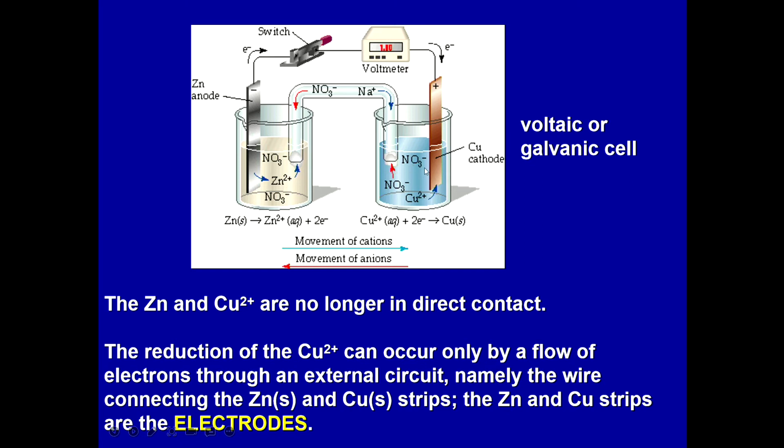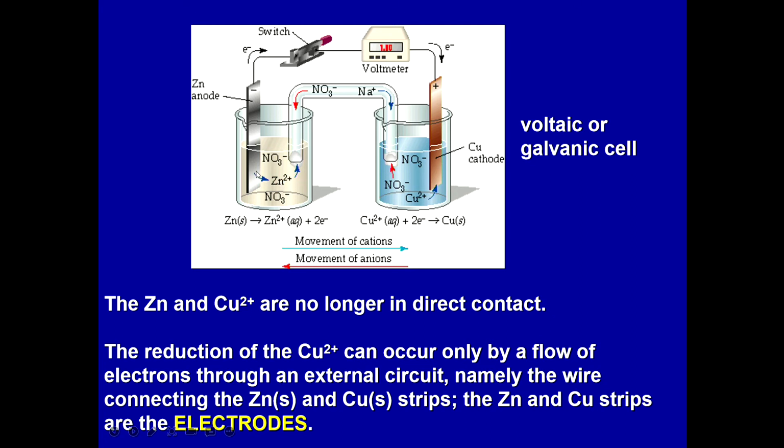In this cell, the electron will go from the zinc bar to the copper bar. On the zinc side, the zinc loses electrons and becomes zinc cation.